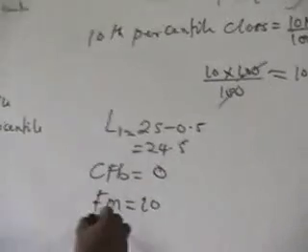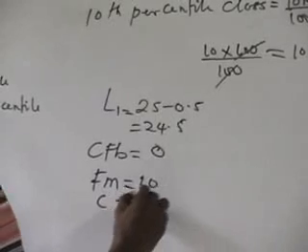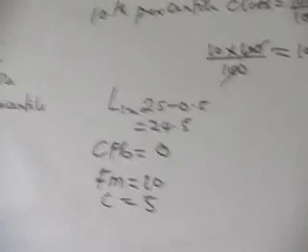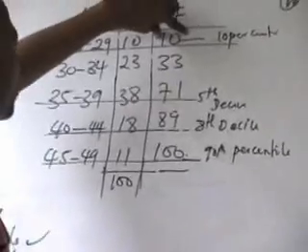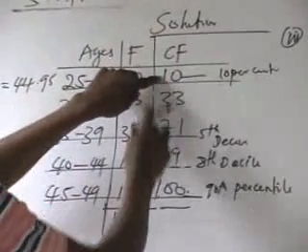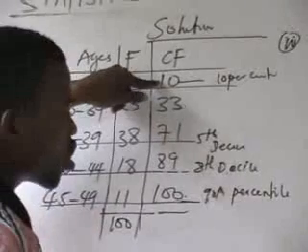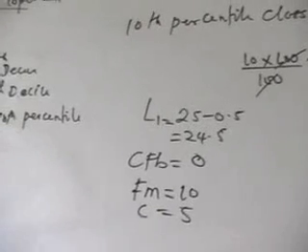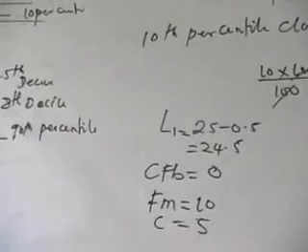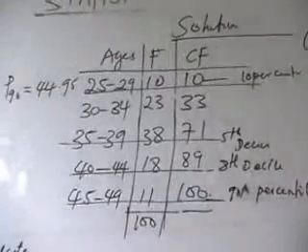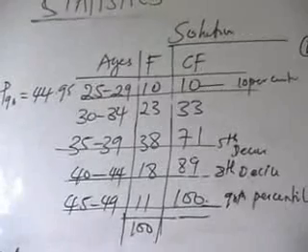And the last thing we are going to look at is the class interval, which is equal to 5. Since there is no cumulative frequency before this class, it is 0. Though statistically I've never come across it, since it appeared this way, you can use it to test your intelligence in the exam.